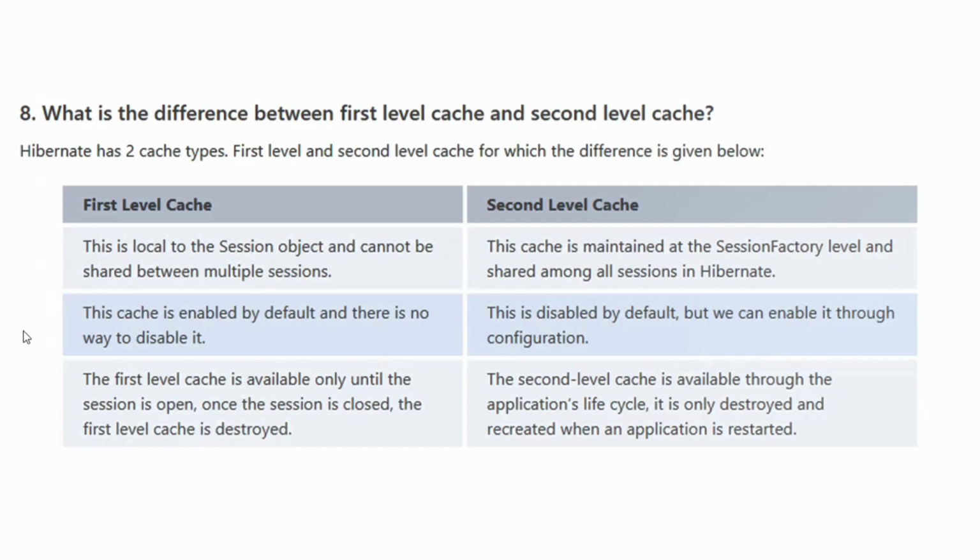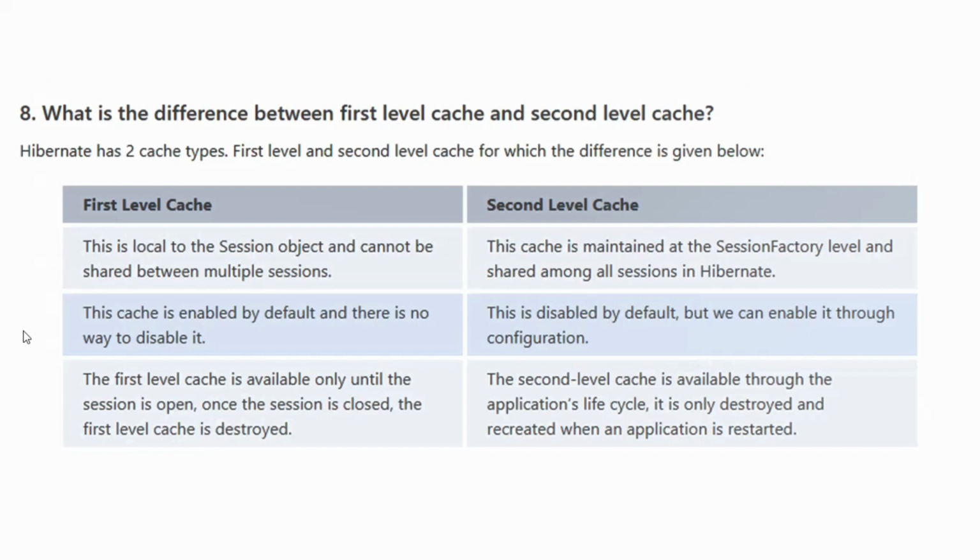Whereas second level cache is maintained at the session factory level and shared among all the sessions in Hibernate. First level cache is enabled by default and there is no way to disable it. Whereas second level cache is disabled by default, but we can enable it through configuration.